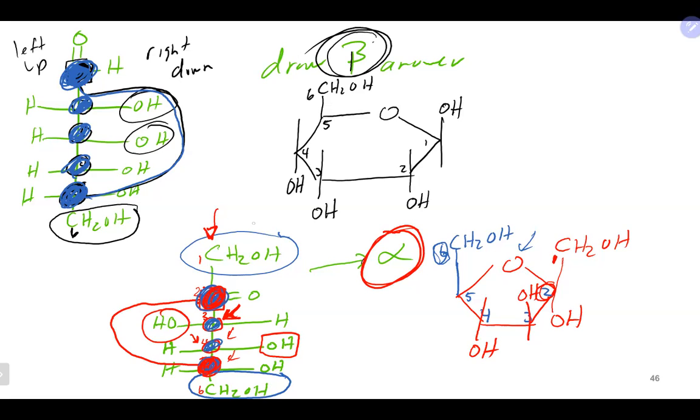Those are the group here that was left off of the ring and this that was left off of the ring. That's different than over here on the top one. This is the only one that's left off of the ring, which is what we see happening here. In this case, the CH2OH went up on top because alpha told us the OH had to go on the bottom. If we did beta, we would just flip it. The OH would go on top, the CH2OH would go on the bottom. So if you had to do the beta one.